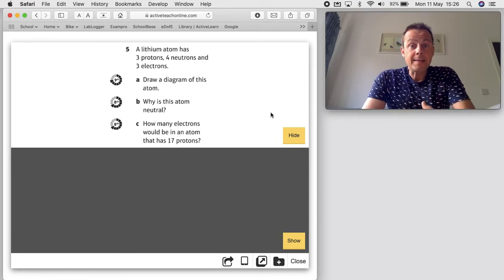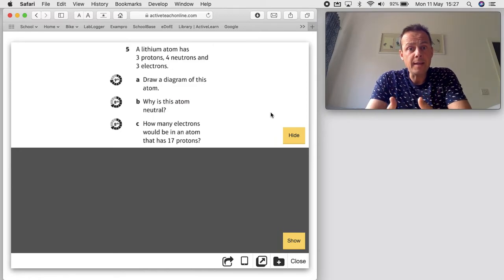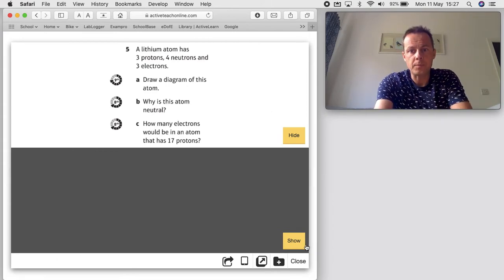The next part is saying why the atom is neutral. So you'll need to talk about the 2 particles which have a charge and say how their numbers relate to each other. The next thing is looking at part C, how many electrons would be in the atom if it has 17 protons. So if we have a look at the answers.